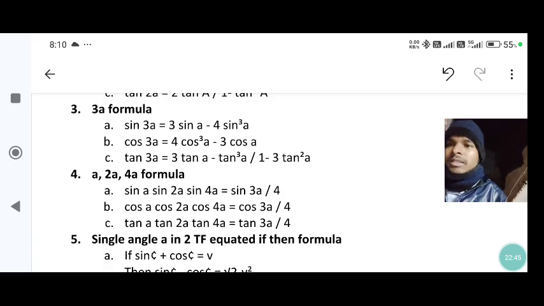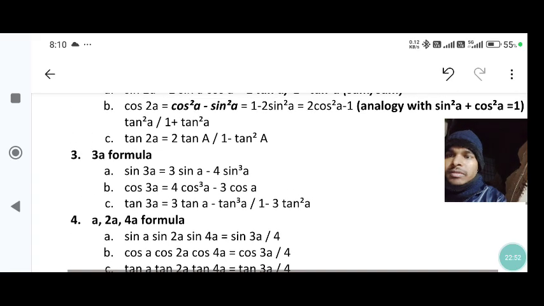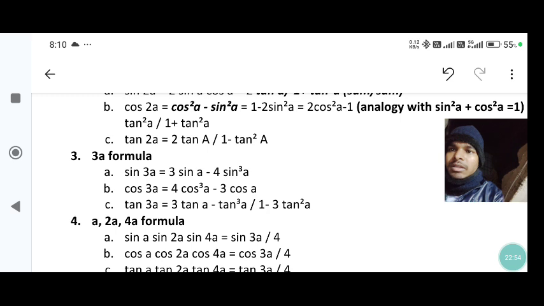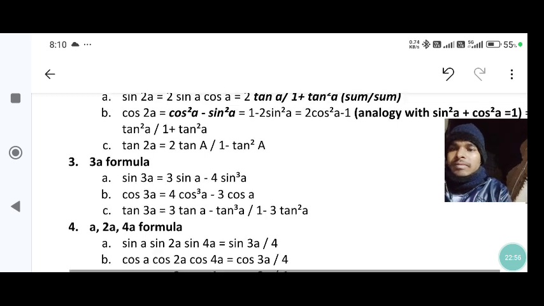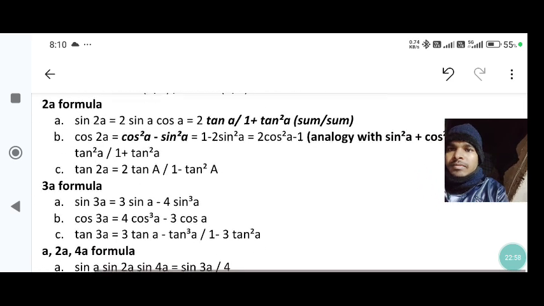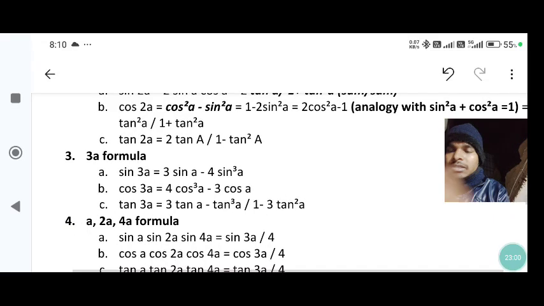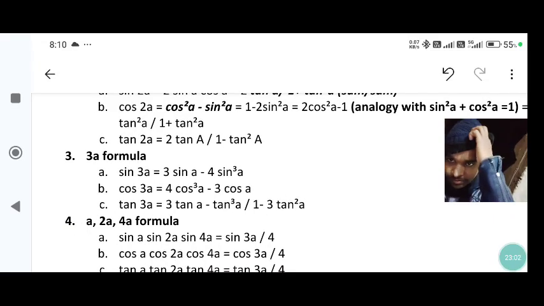The tan square value was missing, so it got fulfilled. In the earlier formula we saw only 1 minus tan square a, but here it is 1 minus 3 tan square a.